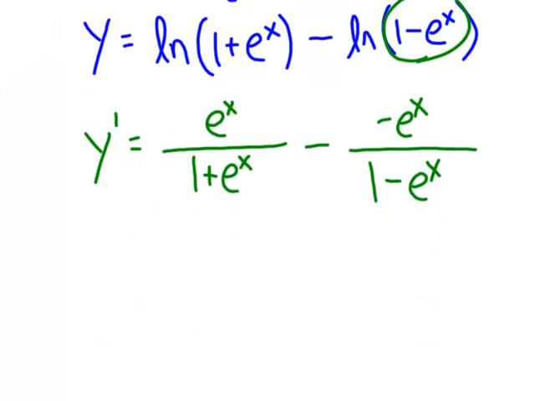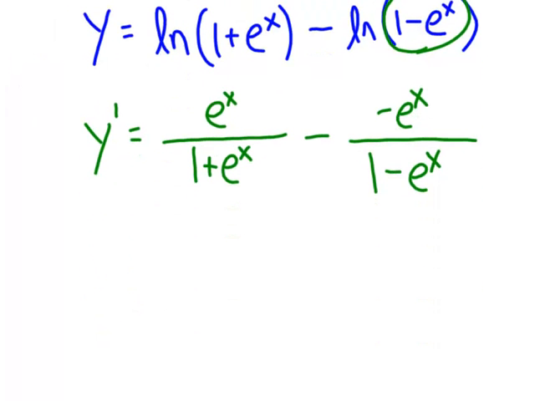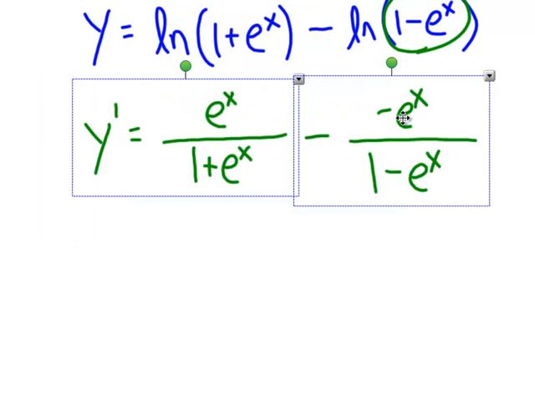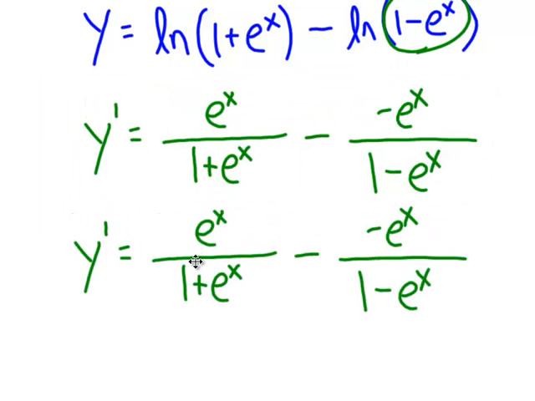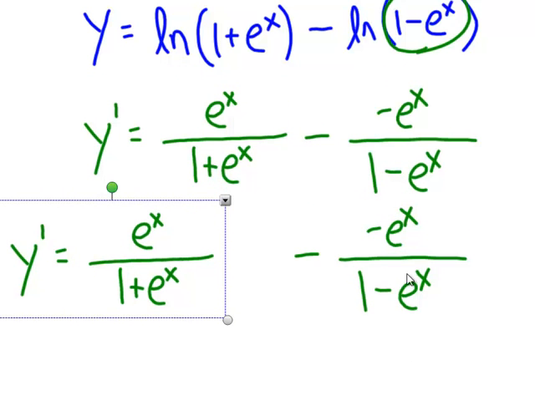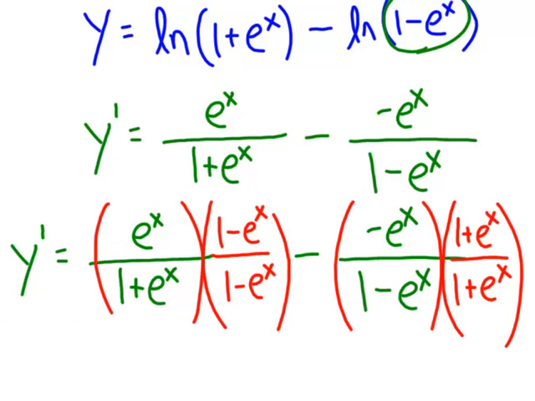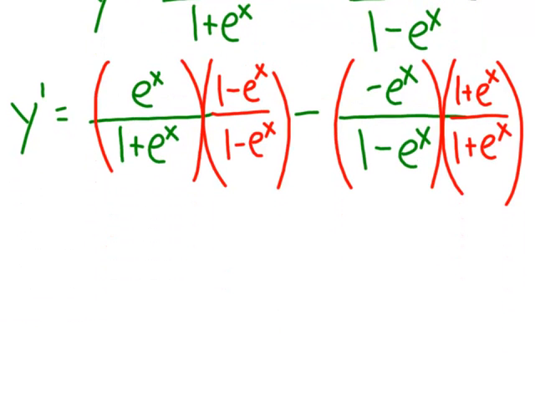Since this is a derivative and we're often interested in critical numbers, let's combine these into a single term with common denominators. And when we distribute out the numerators, we'll get e to the x times 1 minus e to the x times e to the x. We're just going to add the exponents here.